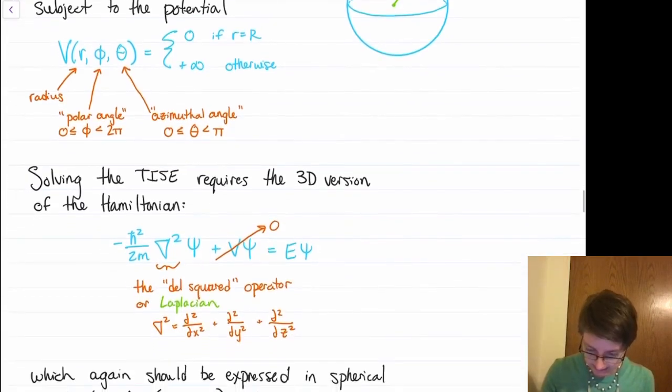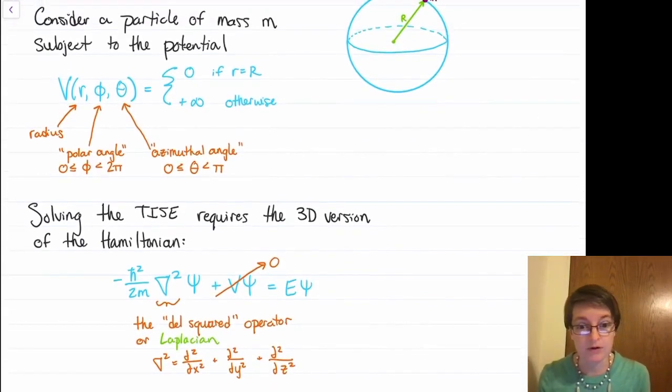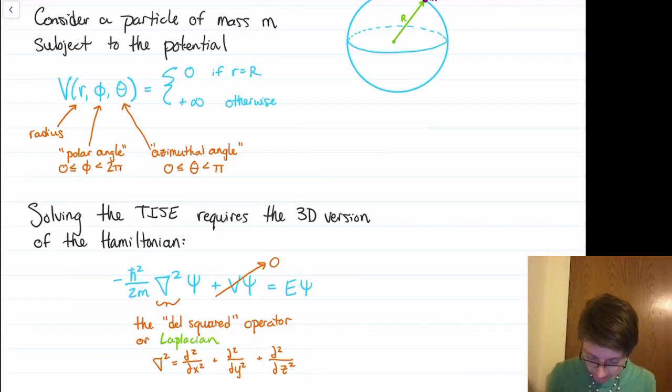So analogously to what we had to do with the particle on a ring problem, now we need to take our time-independent Schrodinger equation for the 3D version of the Hamiltonian and convert that to spherical coordinates. So if you remember, we gave a special name to our Hamiltonian when it's the 3-dimensional case.